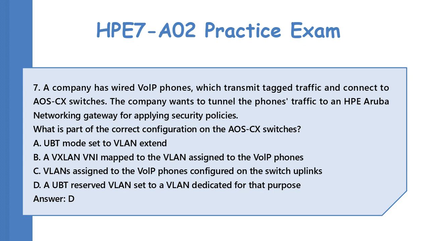A. UBT mode set to VLAN extend. B. VXLAN VNI mapped to the VLAN assigned to the VoIP phones. C. VLANs assigned to the VoIP phones configured on the switch uplinks. D. UBT reserved VLAN set to a VLAN dedicated for that purpose. Answer: D.